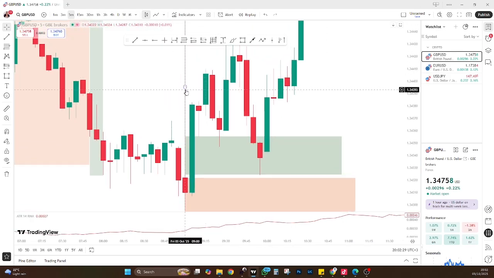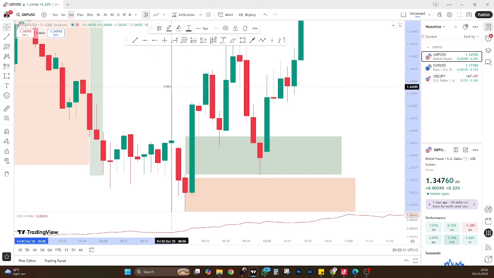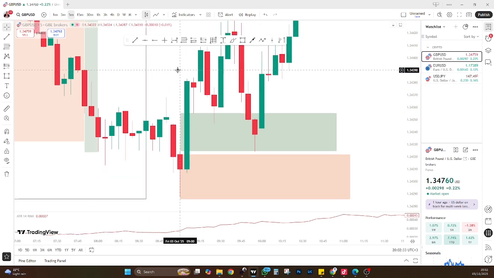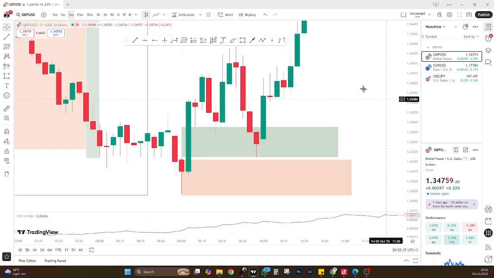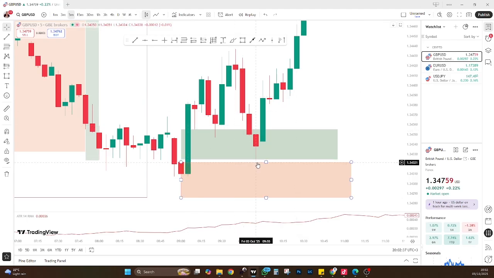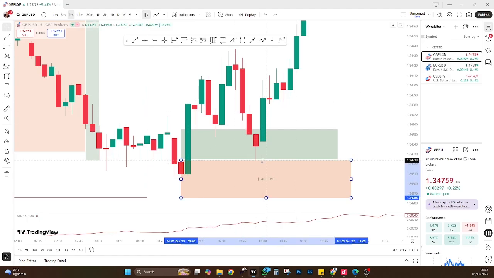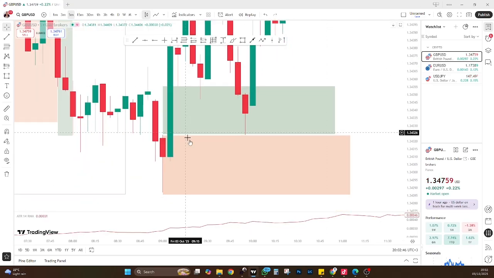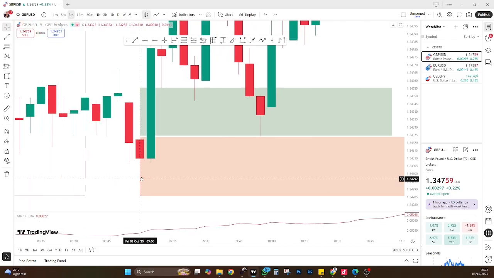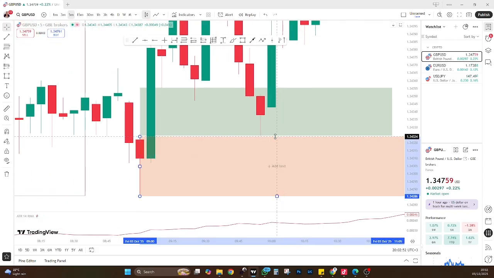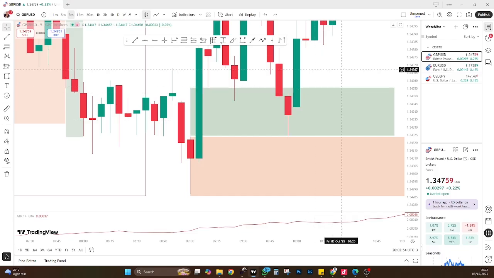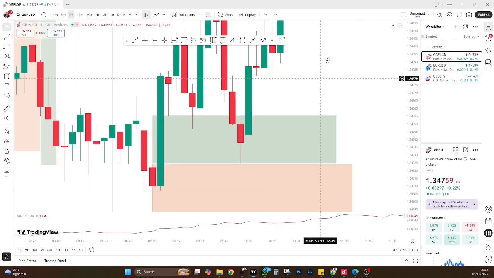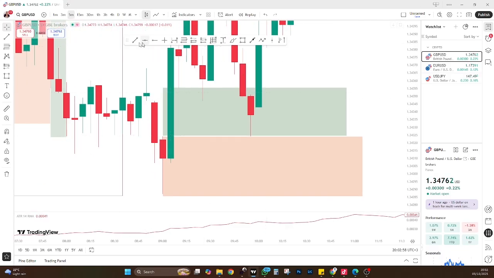I want us to vet our order block here, which I have drawn. Number 1, first things first, did it sweep liquidity?